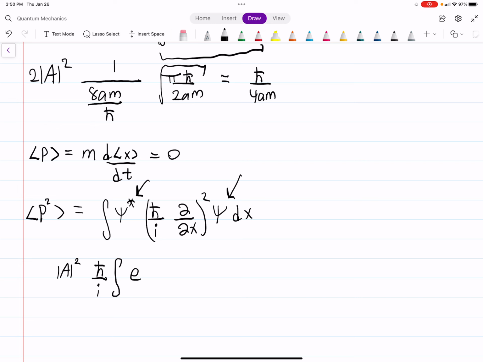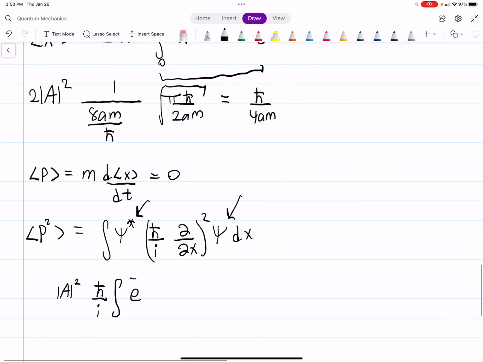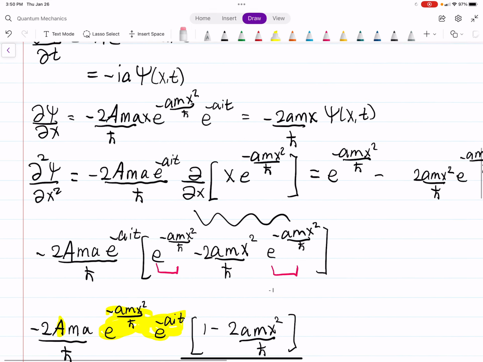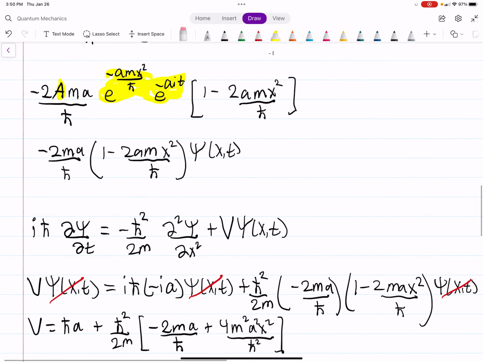And you have e to the minus a m x squared over h bar. Let me just write it up here real quick and check. Where's our wave function? Okay, so we do this, but with a minus sign there.